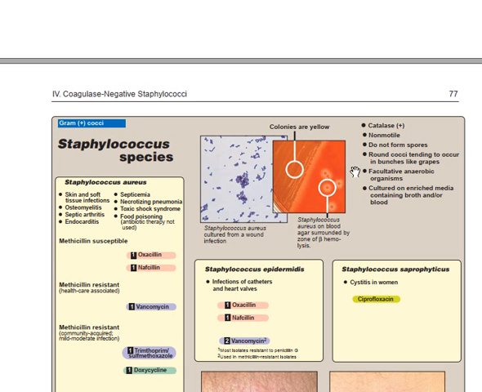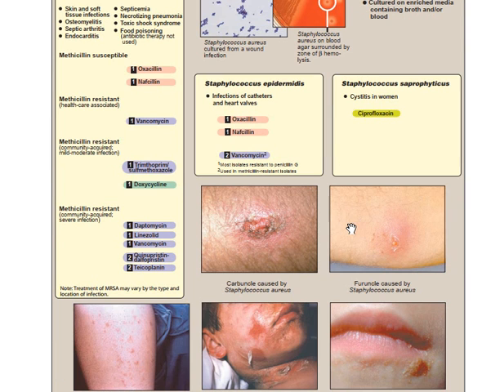That's why they place the word facultative. So they are cultured on enriched media containing broth and even blood. Is it clear? So the next now is Staphylococcus epidermidis.